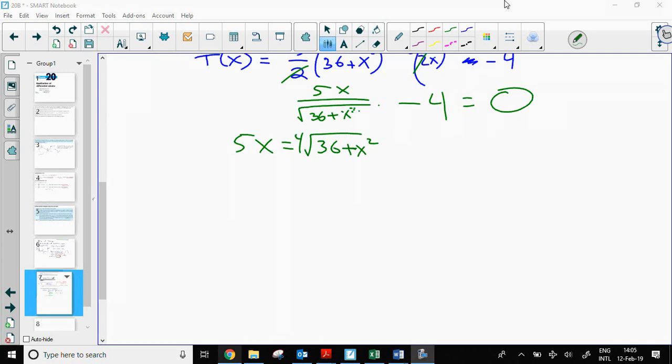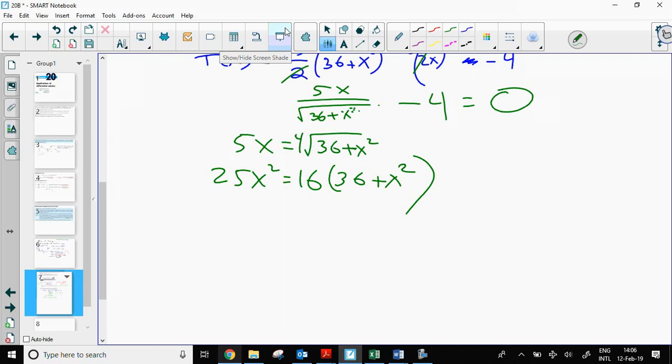Adding the 4 and multiplying by our square root brings us here. Then we're squaring both sides. And then combining our like terms, we distribute the 16, subtracting 16 from 25 gives us 9x squared, which is equal to 16 times 36. X squared is 16 times 36 over 9.